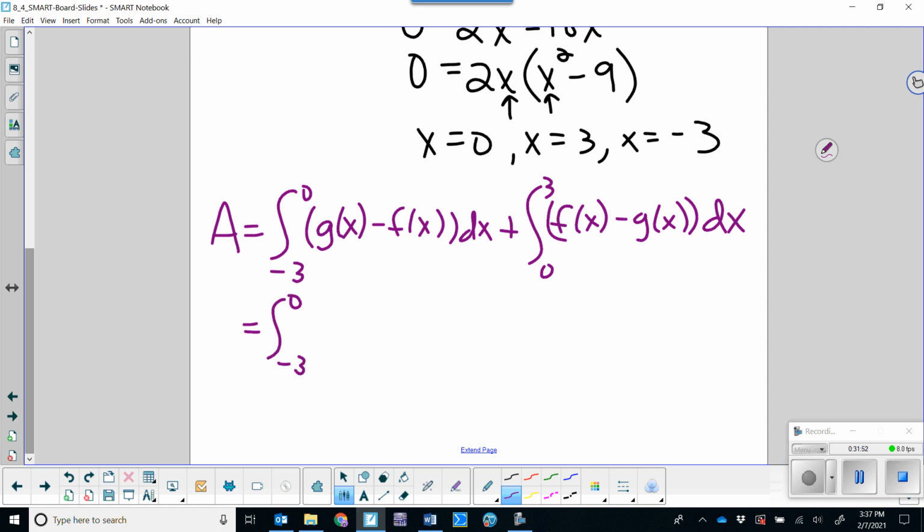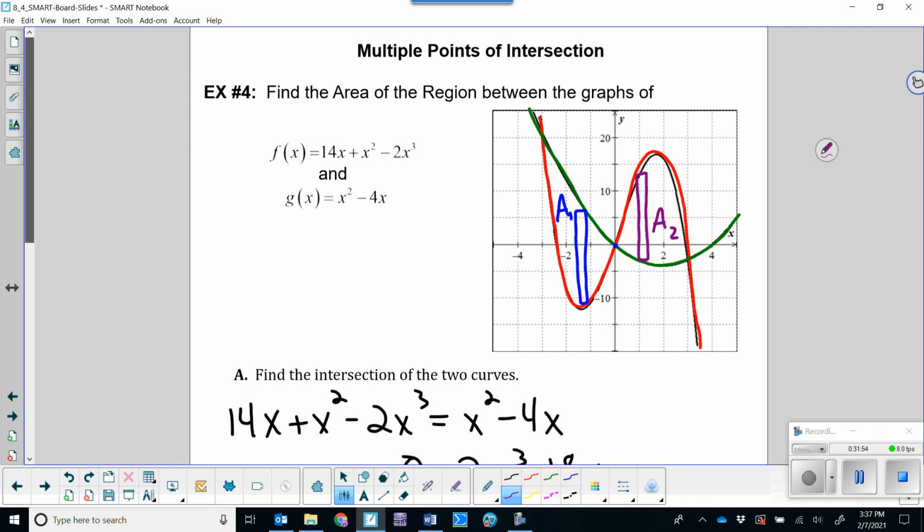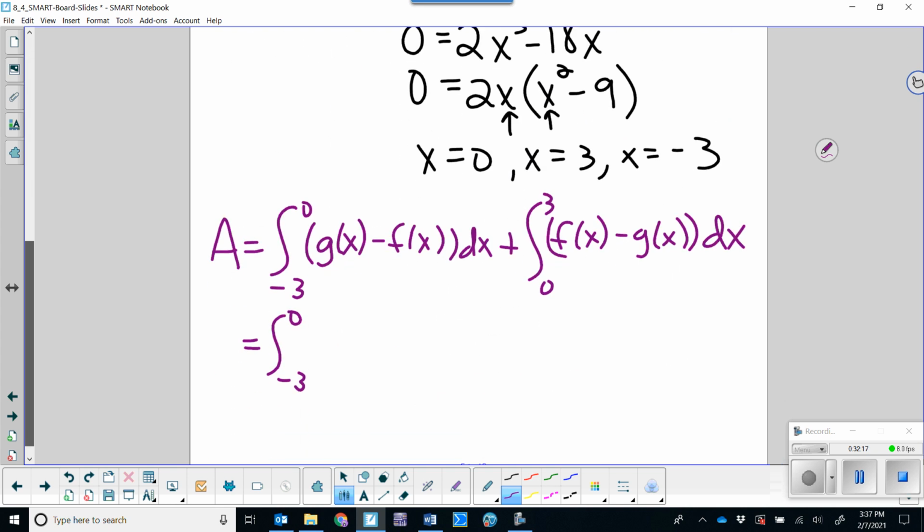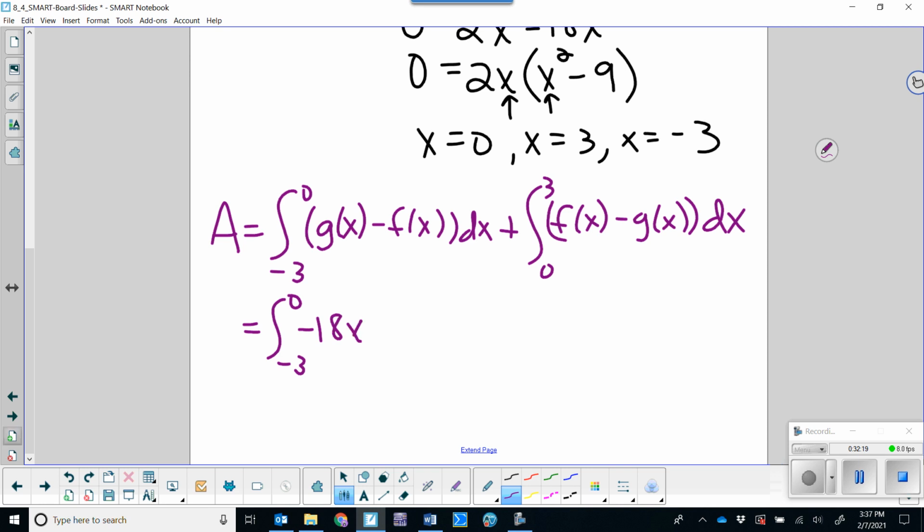So we have g of x minus f of x. Since they're written right here, we can do that pretty easily. You're going to have x squared, and then you'll have minus an x squared, so that'll be gone. You'll have negative 4x minus 14x, so you'll have a negative 18x, minus a negative 2/3 x cubed, so that's plus 2x cubed.